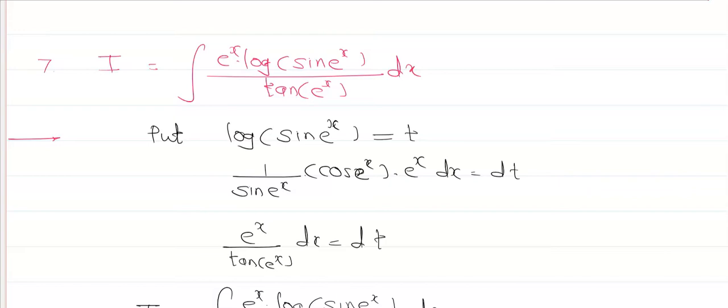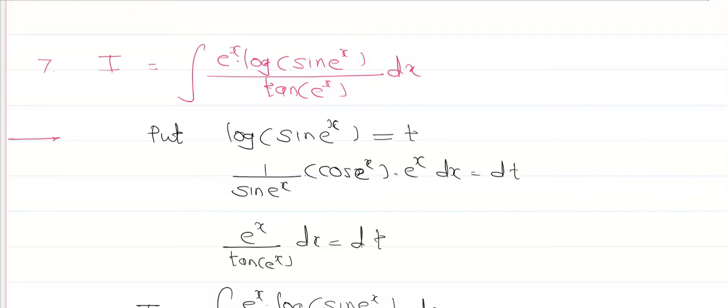Now again see this. The derivative of log of sin of e raised to x is 1 upon sin of e raised to x. पुन्हा sin चा derivative घेणार, पुन्हा e raised to x चा derivative घेणार and dx is equal to dt. Cos of e raised to x upon sin of e raised to x is a cot. That is cot of e raised to x into e raised to x dx. But we require dx upon tan of.